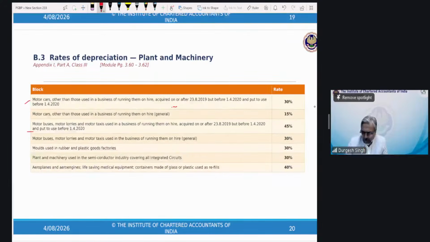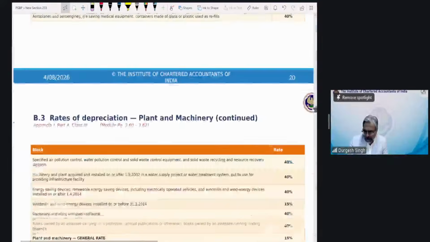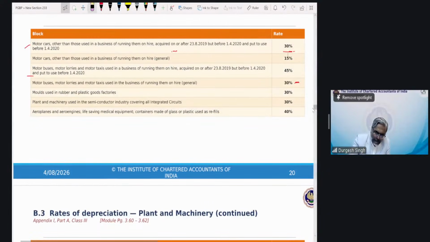The general category of motor car has two rates, 15% here and then 30%. That is for the motor car part.